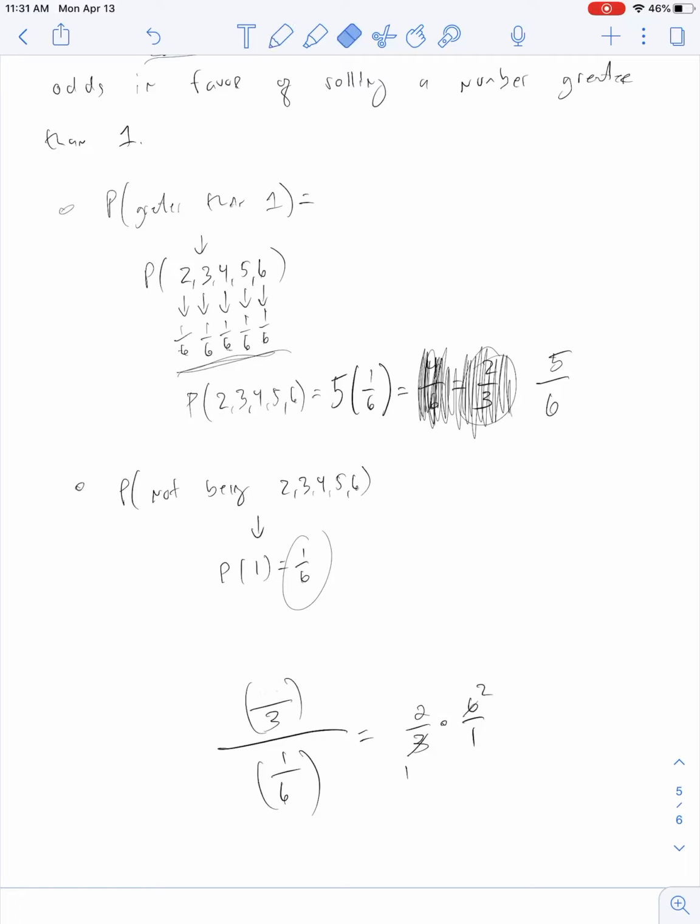And it'll change this up here to a 5 over 6, which will change that, right? 5 over 6 times 6 over 1 cancels. We're left with 5 over 1. Once again, it's 5 to 1.